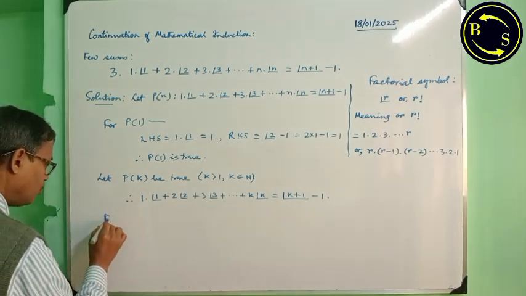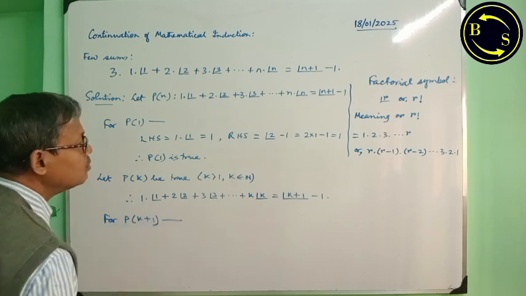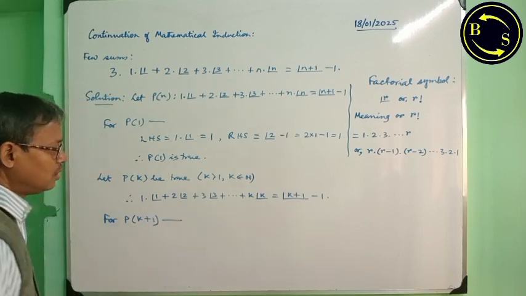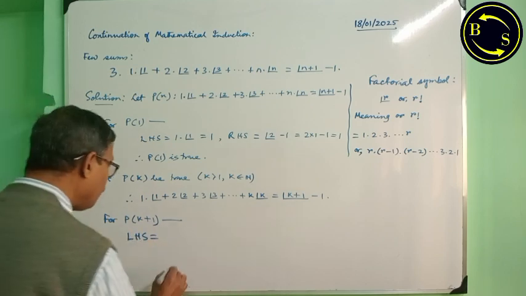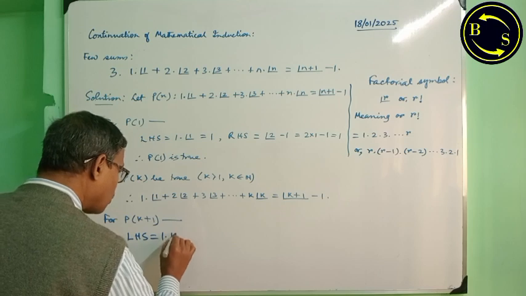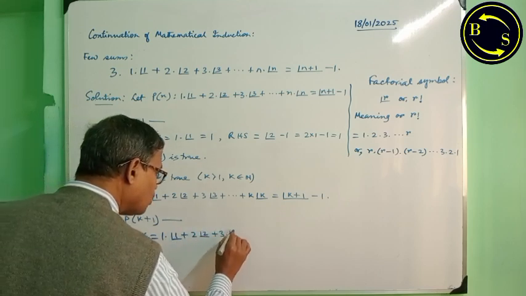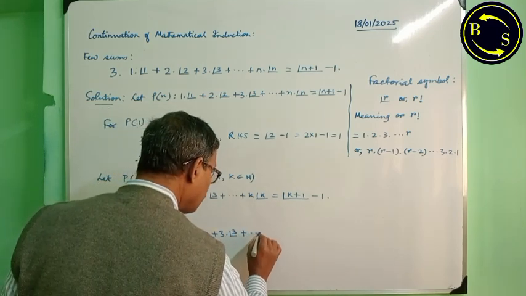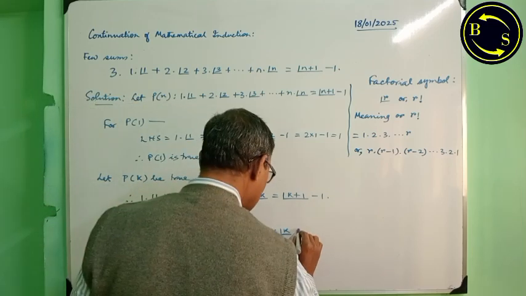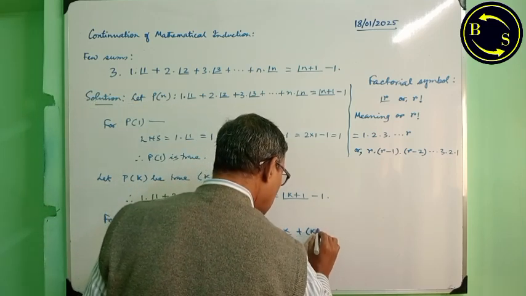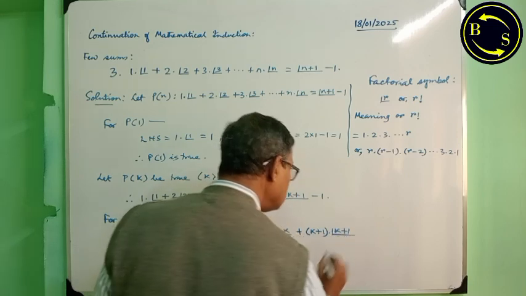For Pk plus 1, the LHS will be 1 into factorial 1, 2 into factorial 2 plus 3 into factorial 3 plus dot dot dot plus k into factorial k plus the next term, k plus 1 into factorial k plus 1.